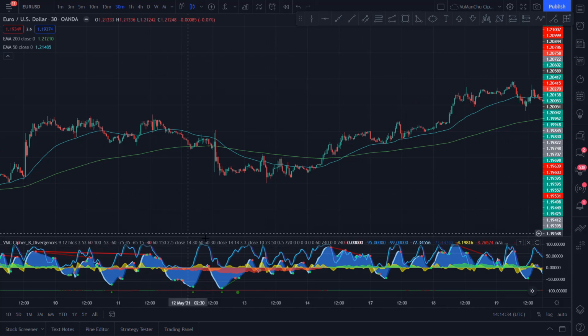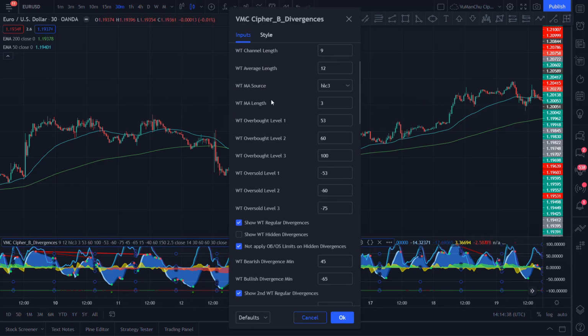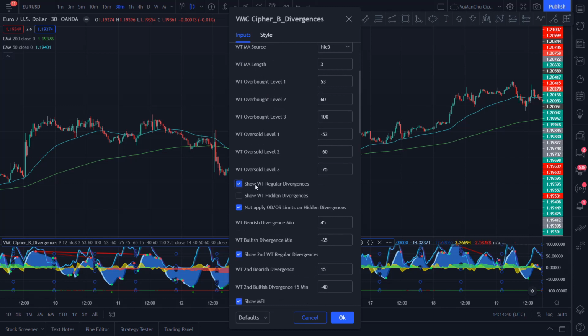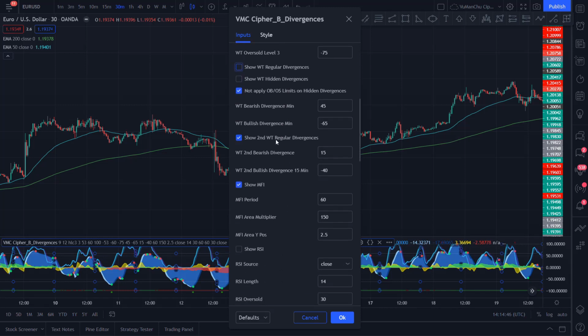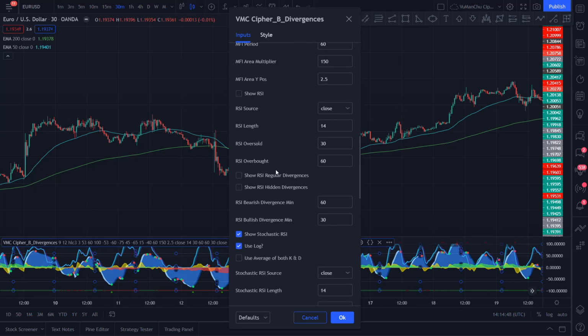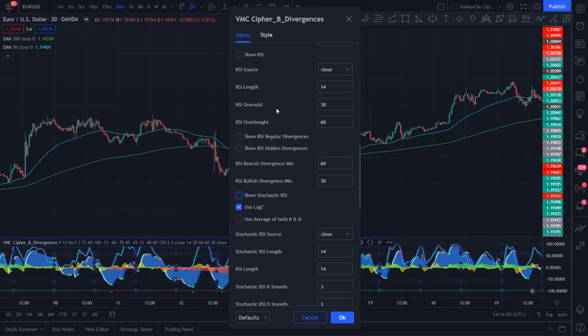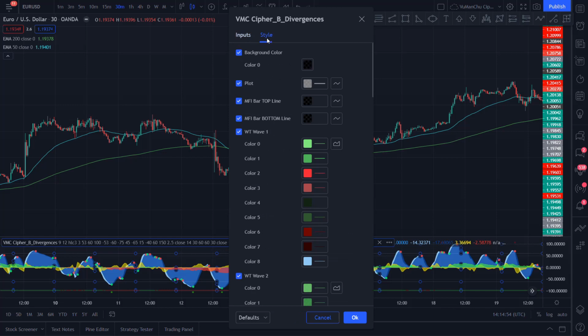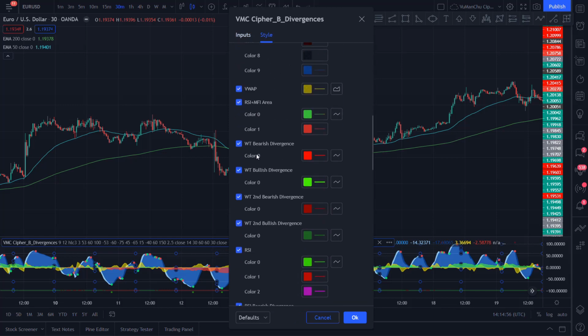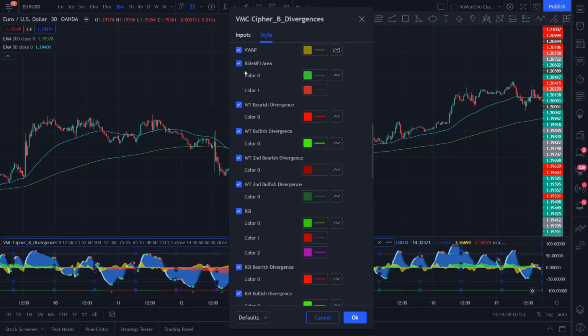And now for the Market Cipher, we are going to get rid of a few settings. First of all, the regular divergences and the VT divergences and the stochastic RSI. And that's it. Go to the style. There we are going to get rid of the VWAP, and we are good to go.